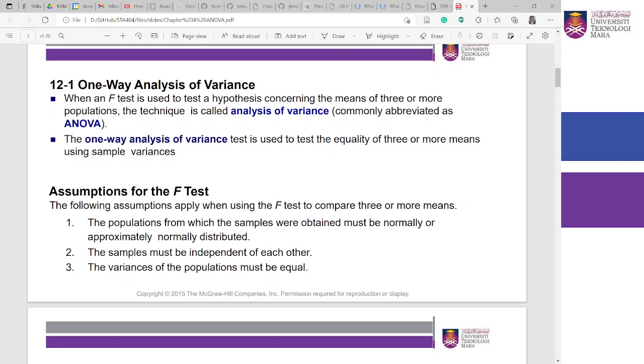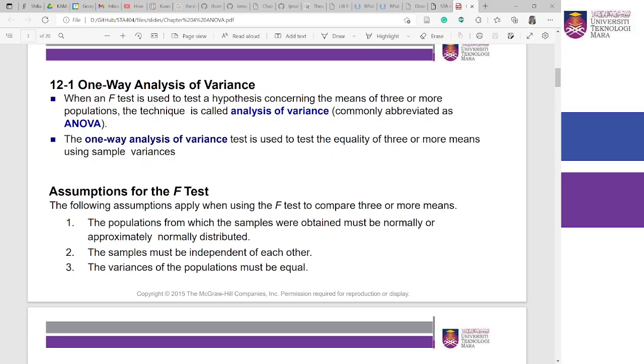So for all the parametric tests, you must make sure that the sample comes from a normally distributed population. Okay, and then the samples must be independent of each other, meaning to say that sample mean 1, sample mean 2, sample mean 3 are independent of each other.